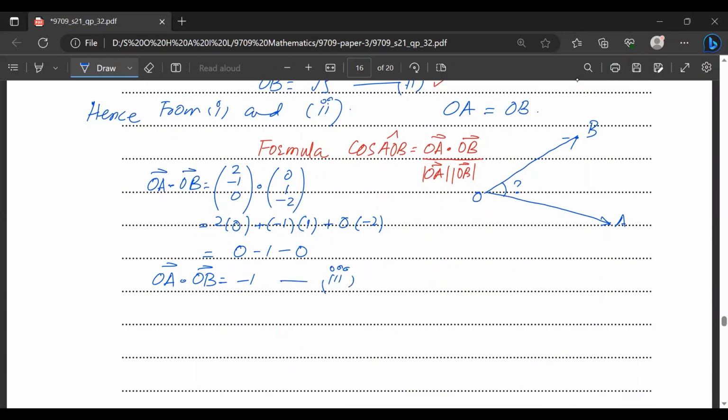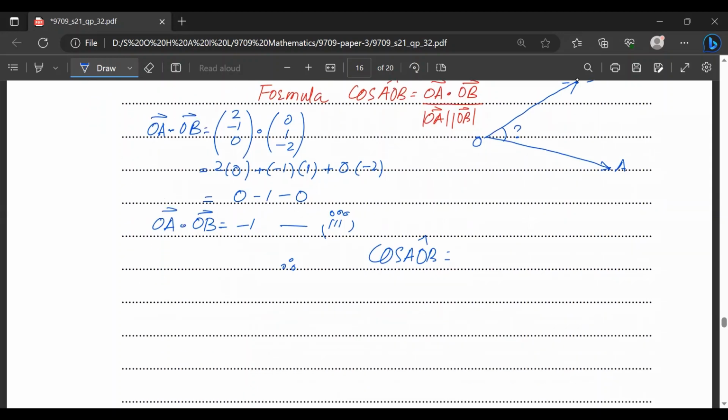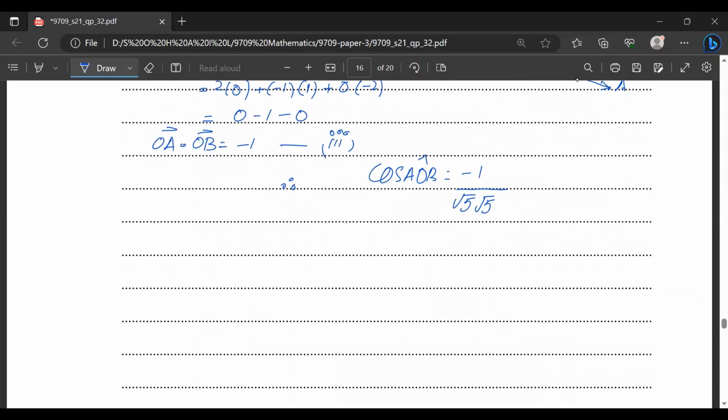Using 1, 2, and 3 in this formula, therefore, cos of angle AOB equals OA dot OB, which is minus 1, divided by root 5 times root 5, which is cos of angle AOB equals minus 1 over 5.